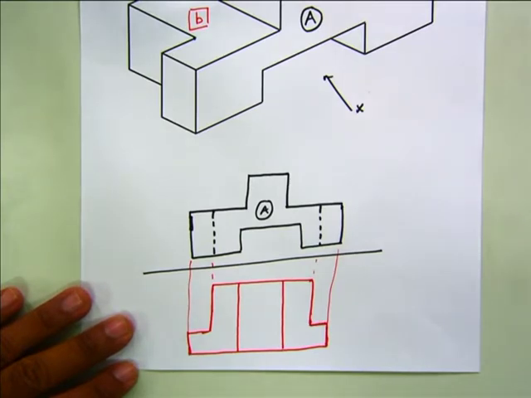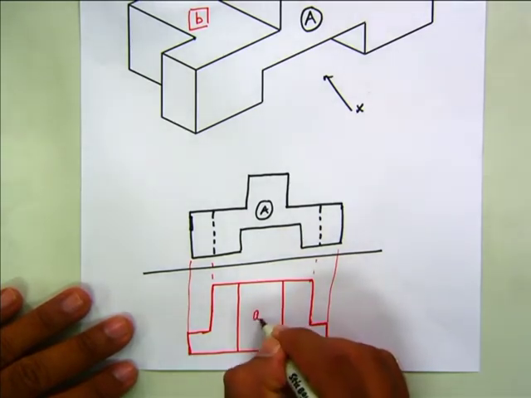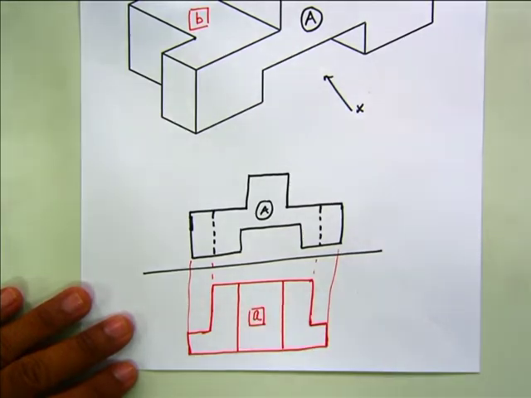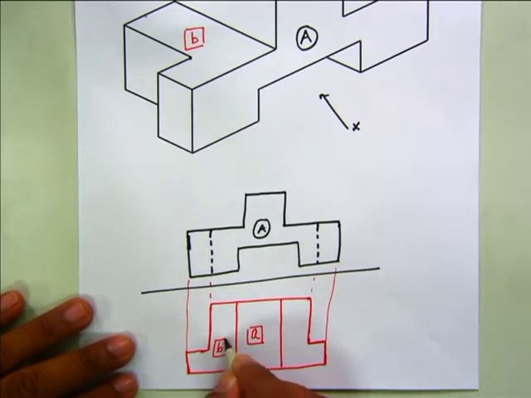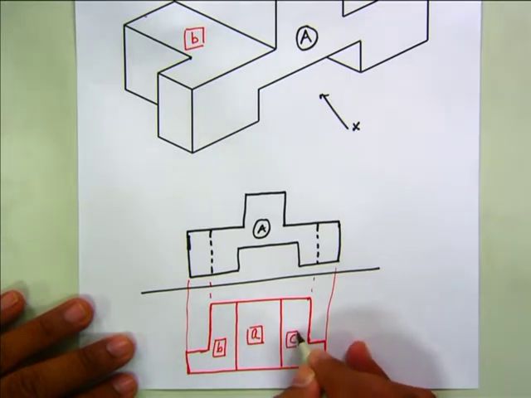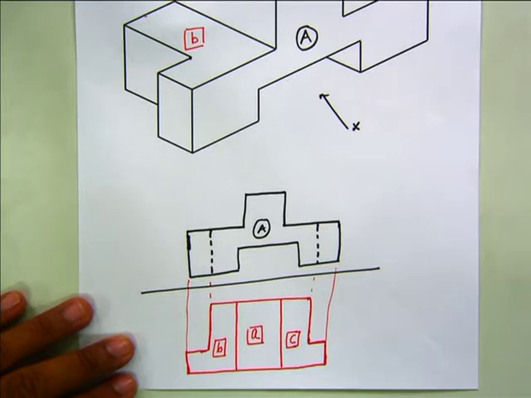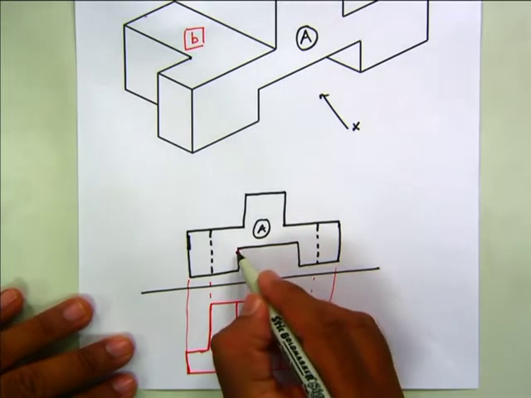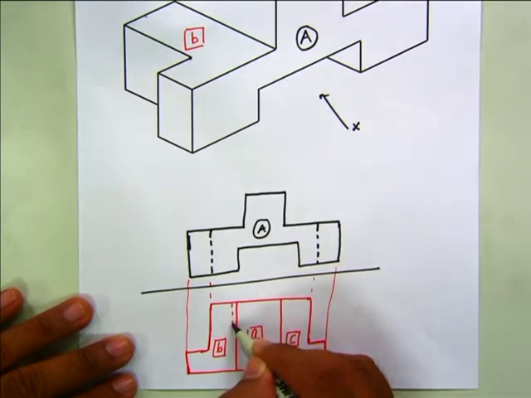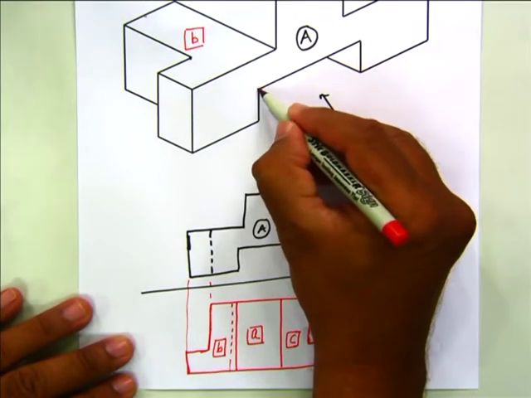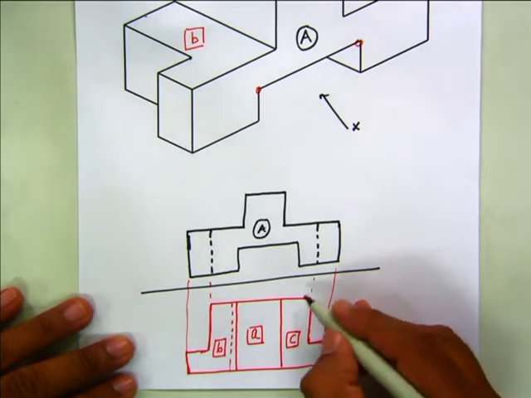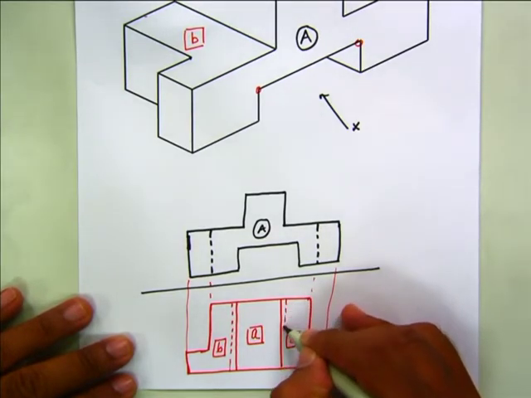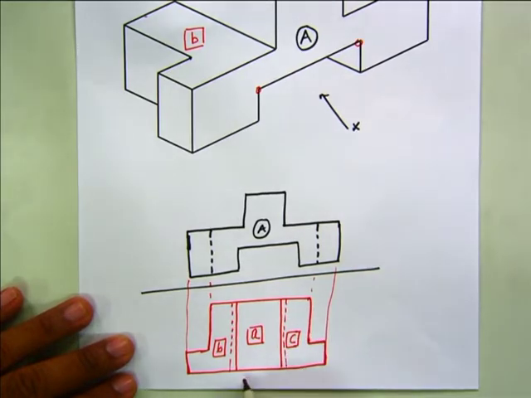So this is your A, this is your B, this is your C, and there is a dotted line between this point and this point. This is your top view.